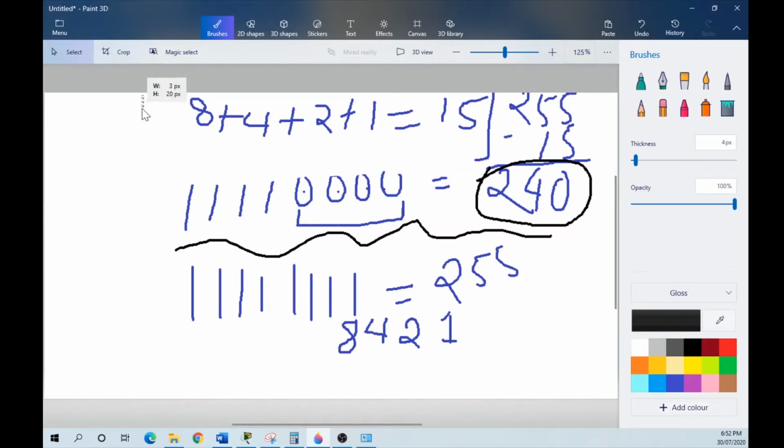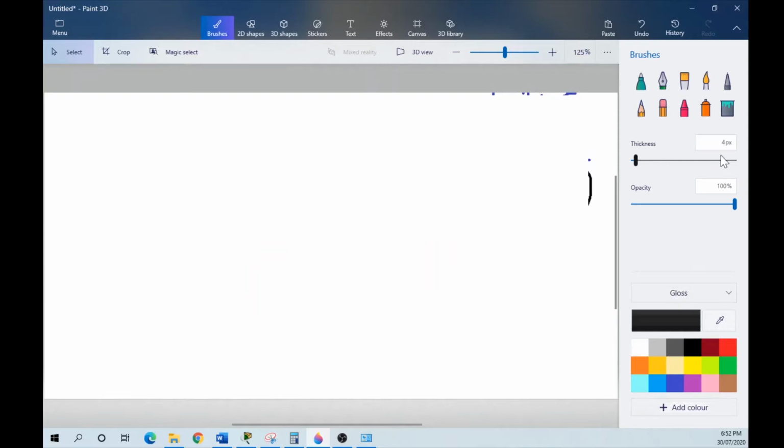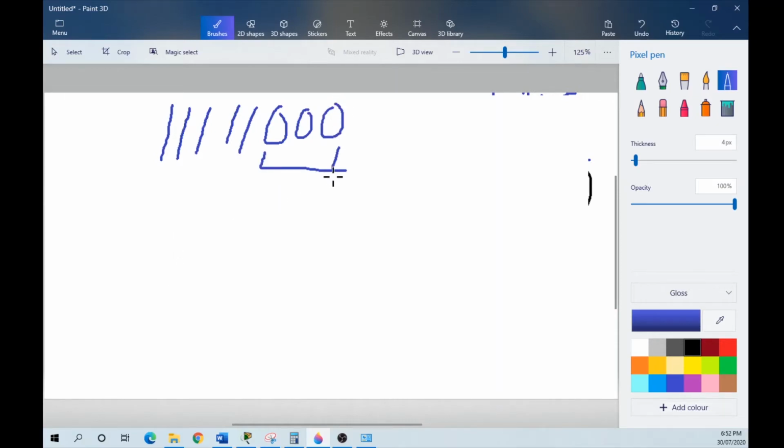In the same way, I'm going to do one more example. Let me take my pen again. 2, 3, 4, 5, and then zeros: 1, 2, 3. The sum of those zeros in decimal value will be 4 plus 2 plus 1, which will be 7.